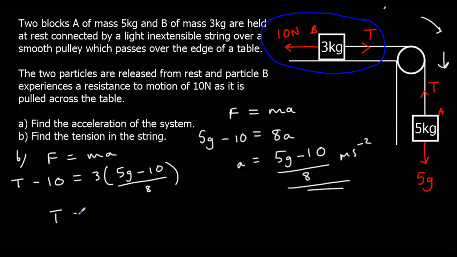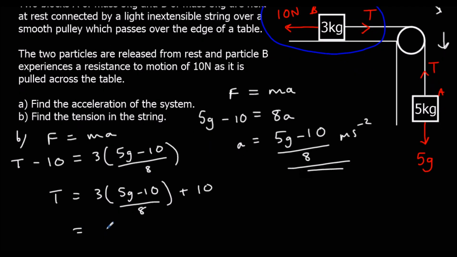So T is going to be 3 lots of 5g minus 10 over 8, plus 10. I think it's probably best we type that into the calculator now. We'll get a value for tension to 2 significant figures. And that gives us an answer of 25 newtons to 2 significant figures.